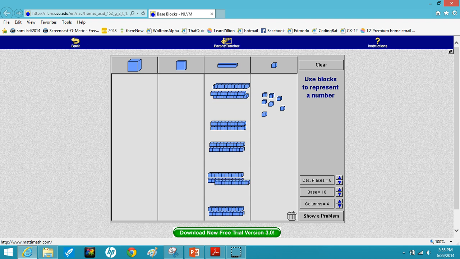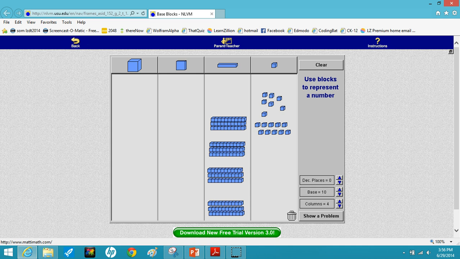So far so good. 1, 2, 3, 4. Okay, so I've got 4 groups that each contain 3. I've used up 12 of these groups of 10, but I have 1 left over. So I'm going to take that and regroup it by breaking it up into ones.